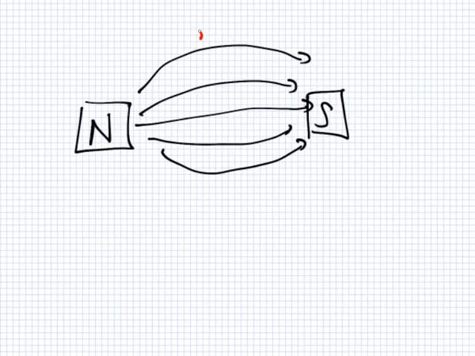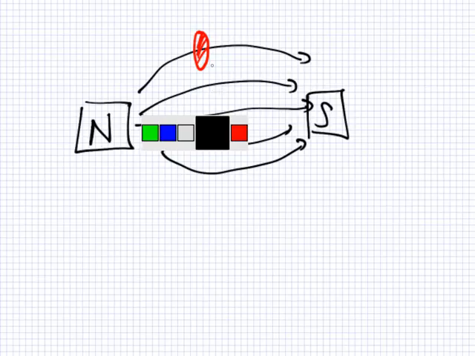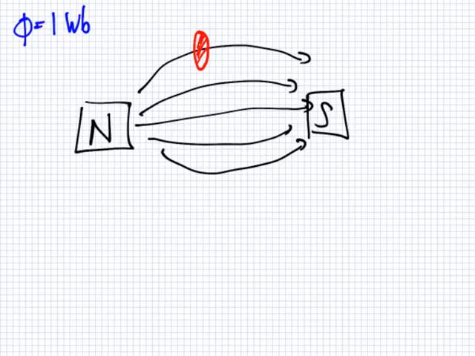And we have one region here. What would be the flux here? There's only one line going through this region, so the flux here will be 1 Weber.